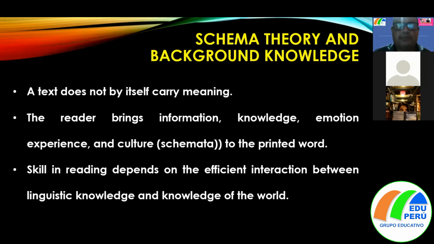Skill in reading depends on the efficient interaction between linguistic knowledge and knowledge of the world. Notice here these two aspects, the linguistic knowledge and the knowledge of the world. So we are going to join these two, all right?